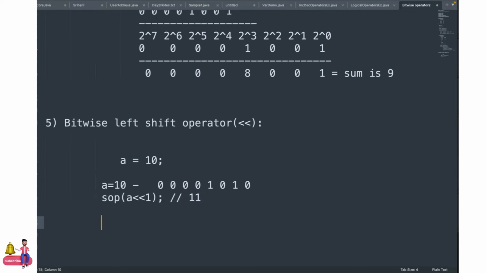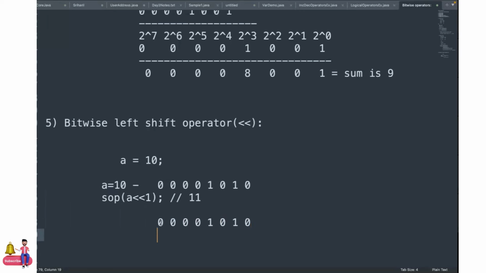So how are we able to get this value? Let's understand that. Let me move this by one position towards the left. So I have 0 0 0 0 1 0 1 0. Now let me move it by one position.